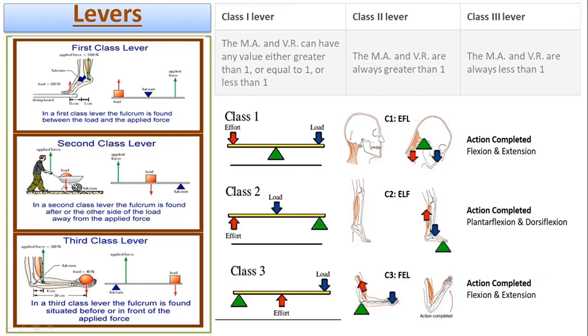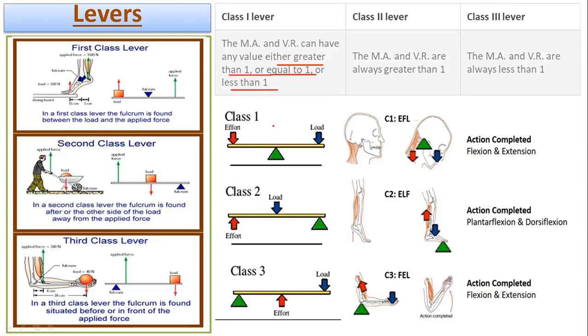Now let's discuss some more things for a lever. When we go for the calculation of mechanical advantage and velocity ratio for the three different classes of lever, we can see that in class 1 lever we can have the mechanical advantage and velocity ratio either greater than 1, equal to 1, or less than 1.